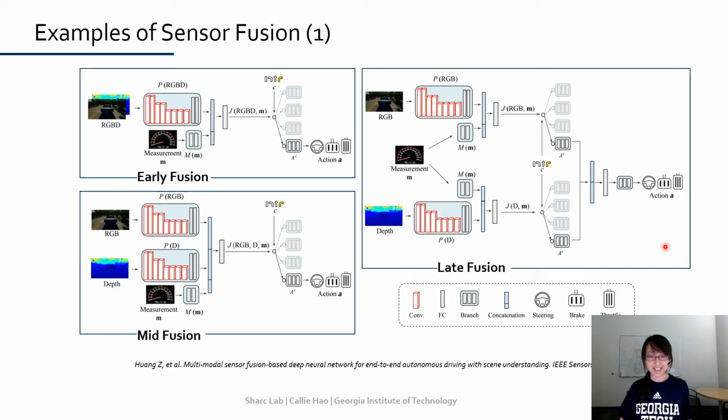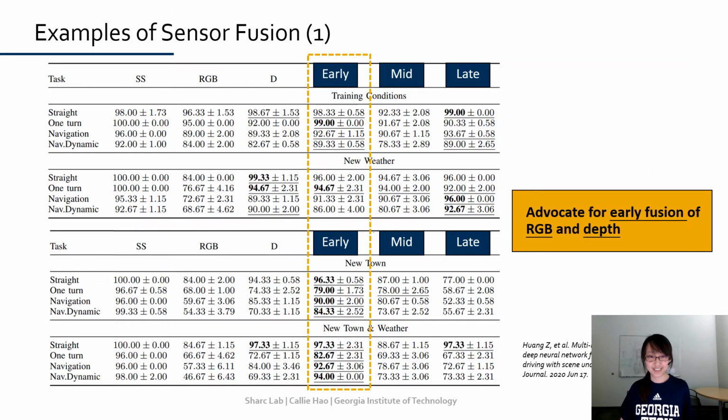Now let's see how they work. So interestingly, in this work, they have found that in most of the cases, the early fusion scenario results in better accuracy than the mid fusion and late fusion. So apparently in this work, they advocate for early fusion of RGB and depth information.